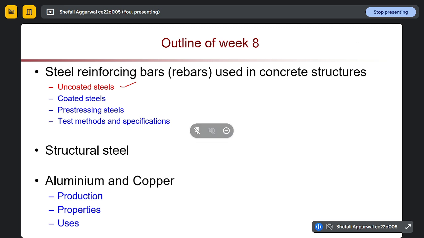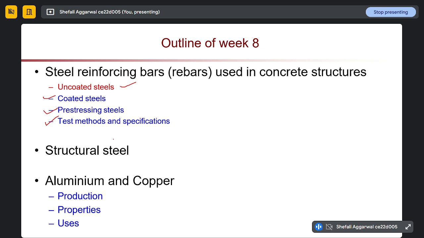So this week, we will study what the different types of coated rebars are, and then some high strength rebars like pre-stressing steel, and how we use pre-stressed steels in construction, mainly for bridges and high-rise buildings. And then what the different test methods and specifications are for steel or any reinforcing bar when we are going to use it in the construction industry.